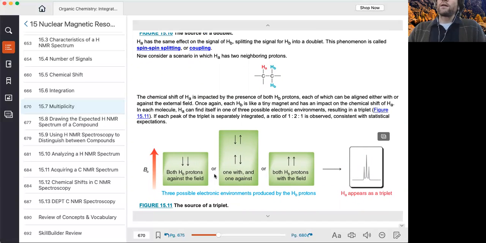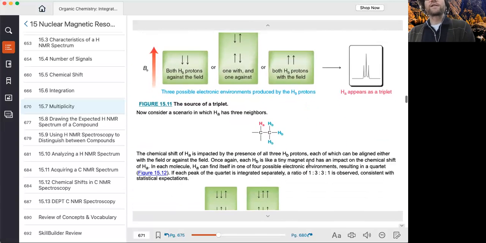Because there are 1 to 2 to 1 possibilities, there's a 1 to 2 to 1 relationship with what the peak looks like, or the peak height of each of these three peaks. And that's why two neighbors give a 1 to 2 to 1 triplet like this.